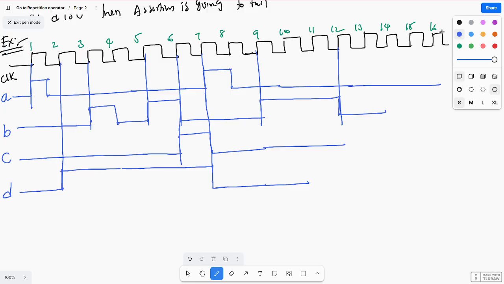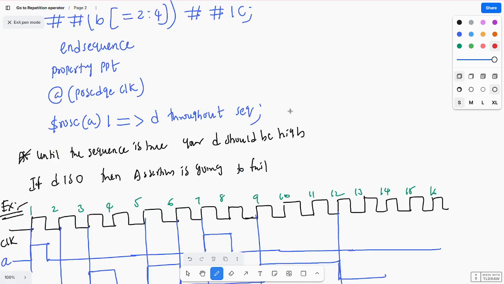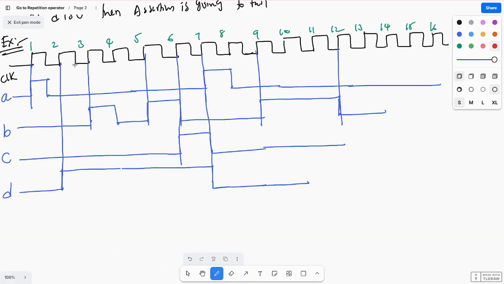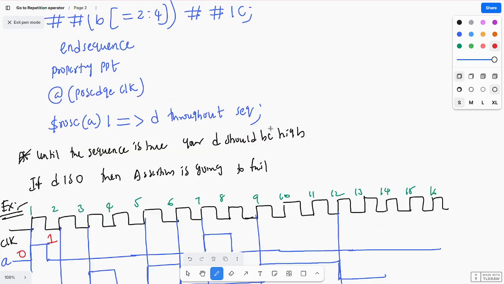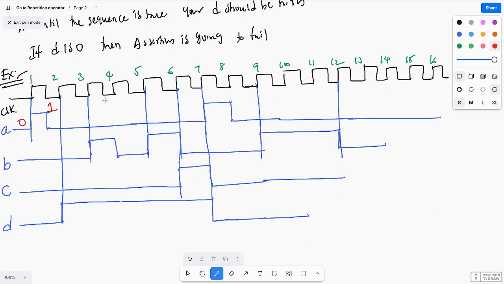So first I need to check for dollar rows. Dollar rows, so that means a should go from 0 to 1. When a is going from 0 to 1, the assertion will start, because this is the dollar rows non-overlapping implication operator, so the assertion will start from here.